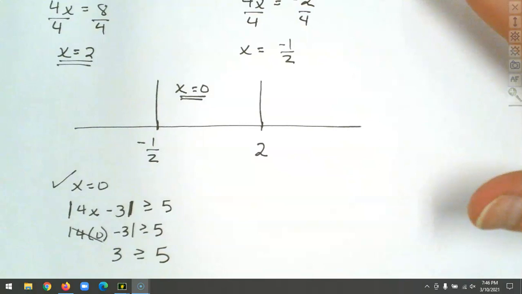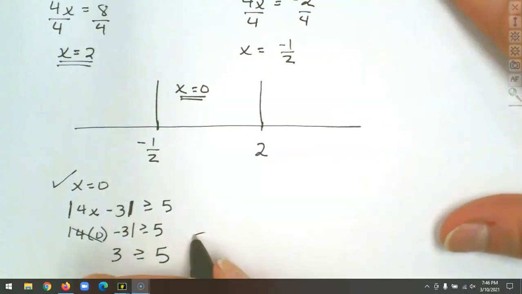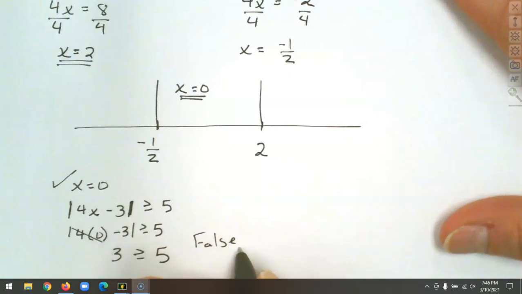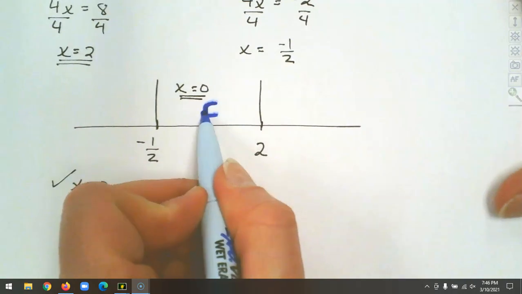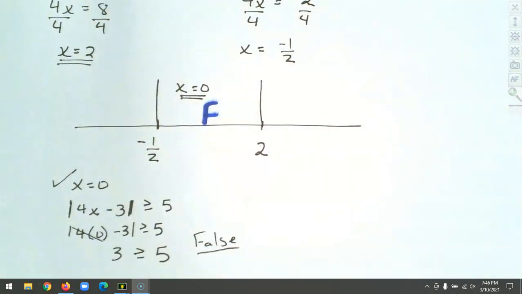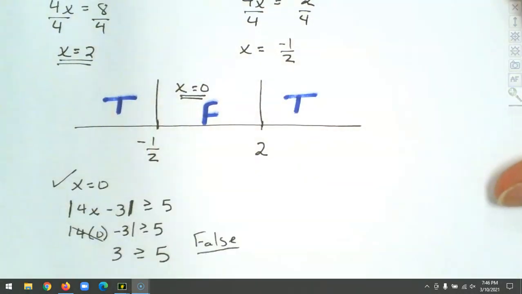And is positive 3 bigger than 5? No. So that means that middle region is false. Now, the good thing about these is you don't have to check the other two. They always switch back and forth. So it's either true, false, true, or false, true, false. Well, ours is false in the middle, so that means these two regions must be true.